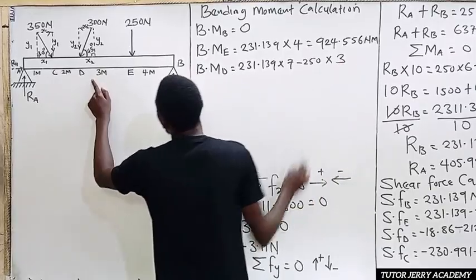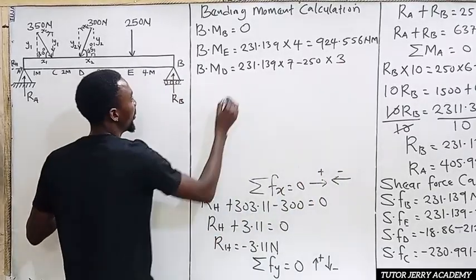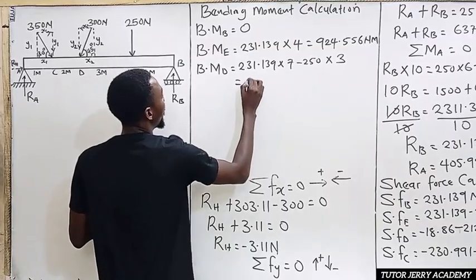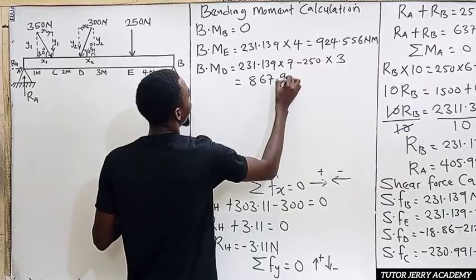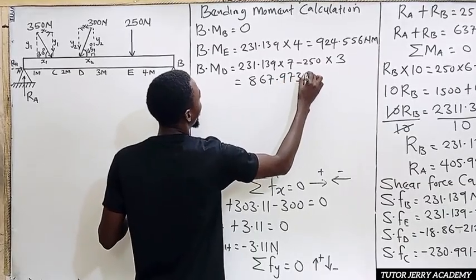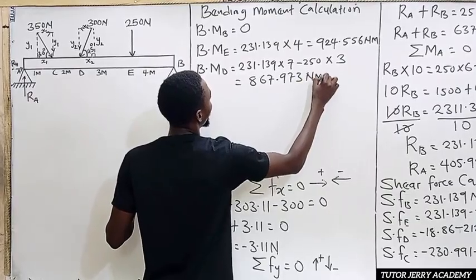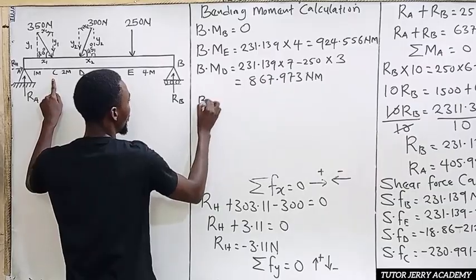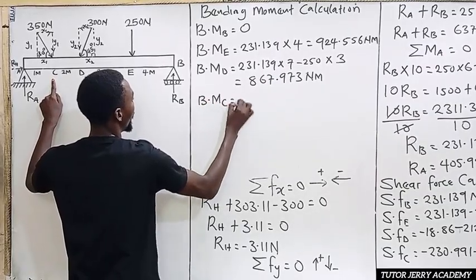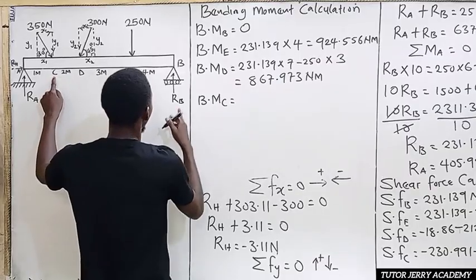All right, so if we do this, what do we get? You said 867.973 Newton meter.